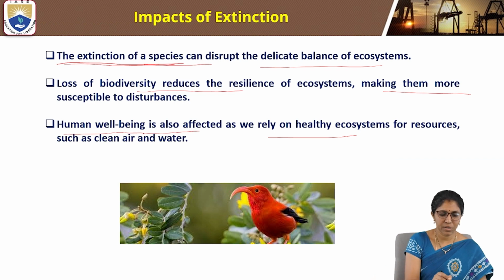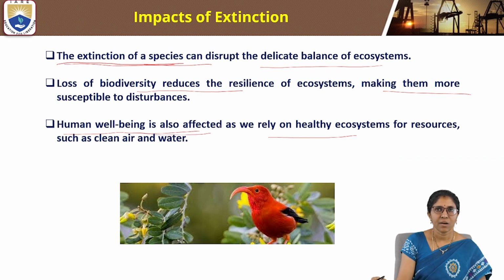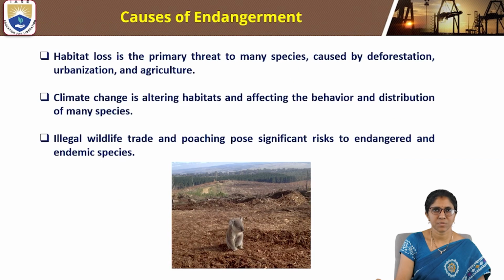Human well-being is also affected by extinction, as we rely on healthy ecosystems for resources such as clean air and clean water. So these are the impacts of extinction of endemic and endangered species.